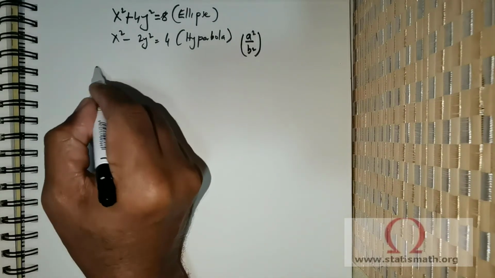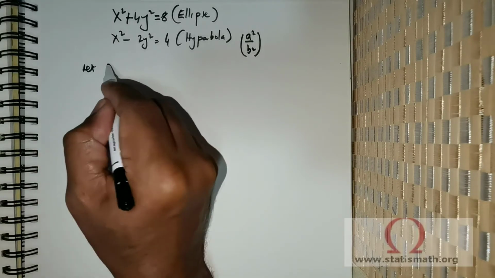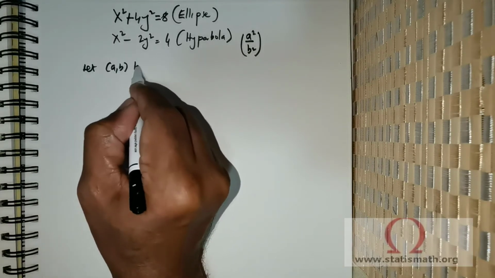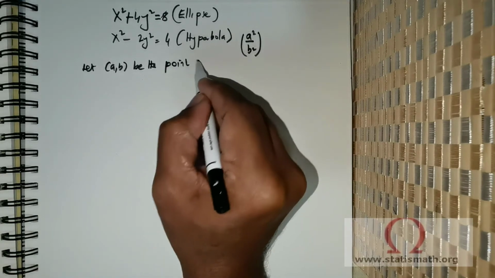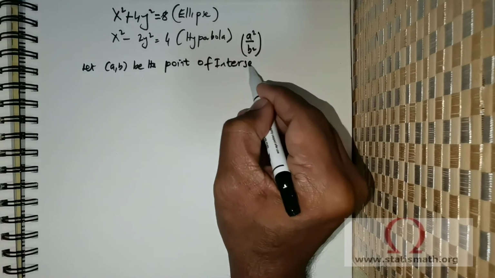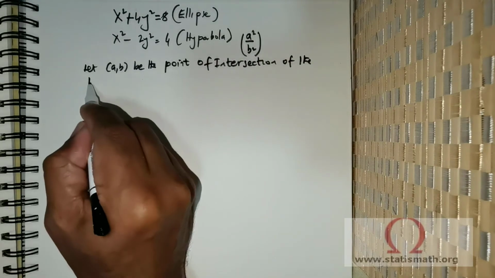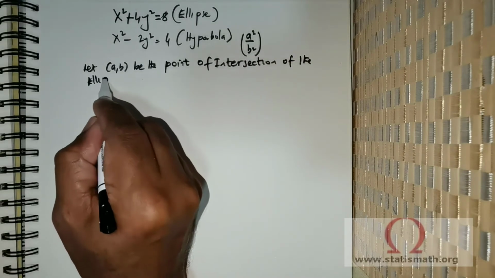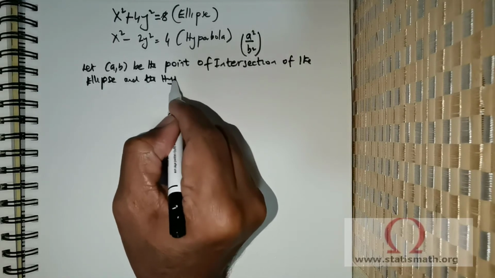Now for that, we start off by making the following assumption: let (a, b) be the point of intersection of the ellipse and the hyperbola.